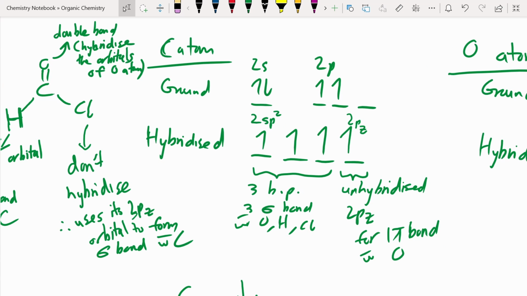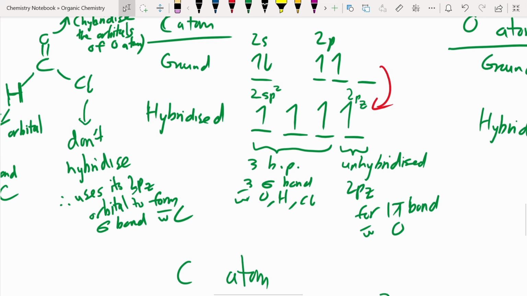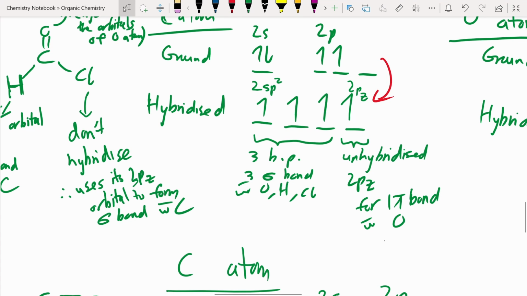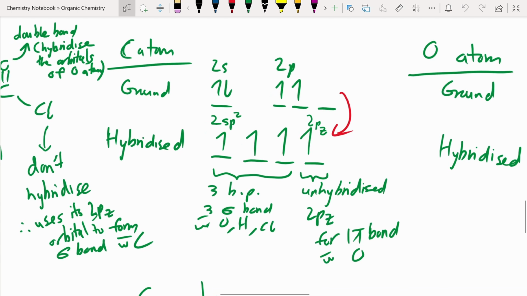So if we take a look at carbon first, the concept is the same as I mentioned just now. You heat up, excite, and then hybridize. You get 3 sp2 hybrid orbitals, and then you reserve one of the 2pz orbitals to be unhybridized, so that you can form 1 pi bond with your oxygen.